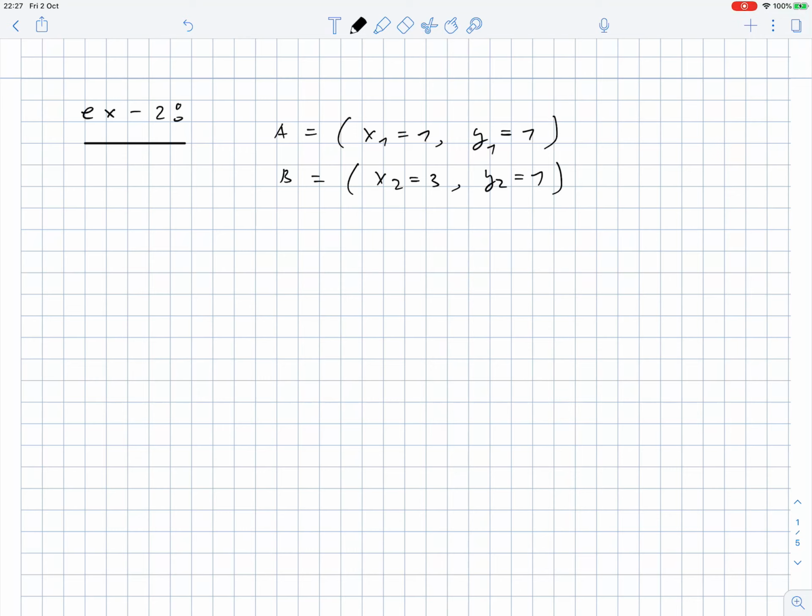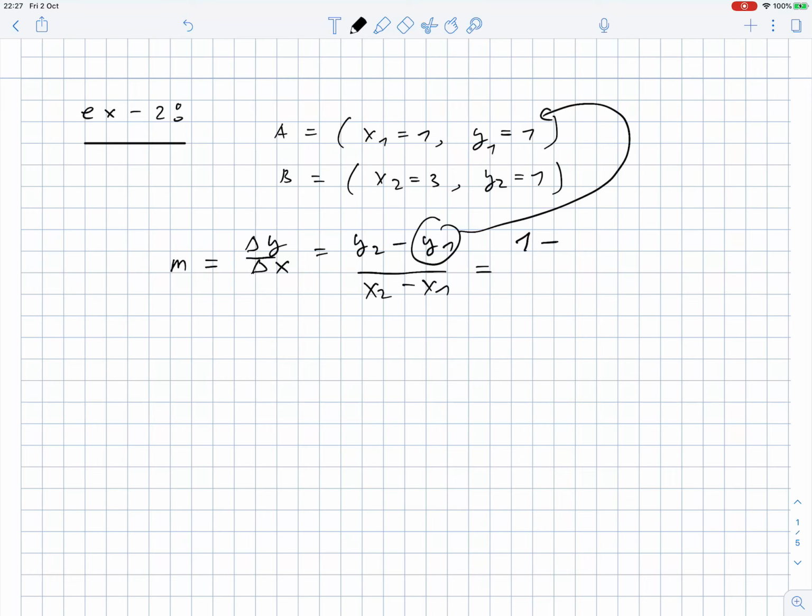Again, the first step, we calculate the slope, which is y2 minus y1 divided by x2 minus x1 equals, okay, y2 equals 1 minus y1. y1 also equals 1, divided by x2, which equals 3, minus x1, which equals 1.